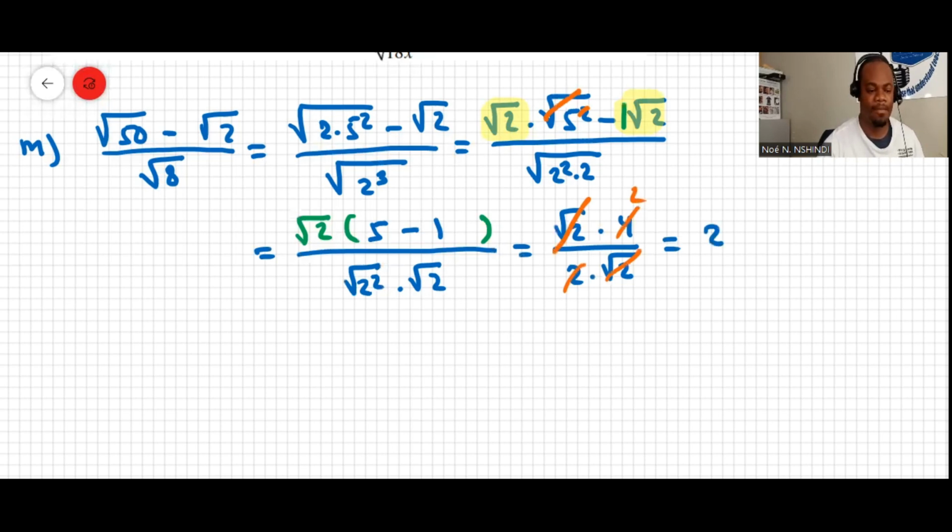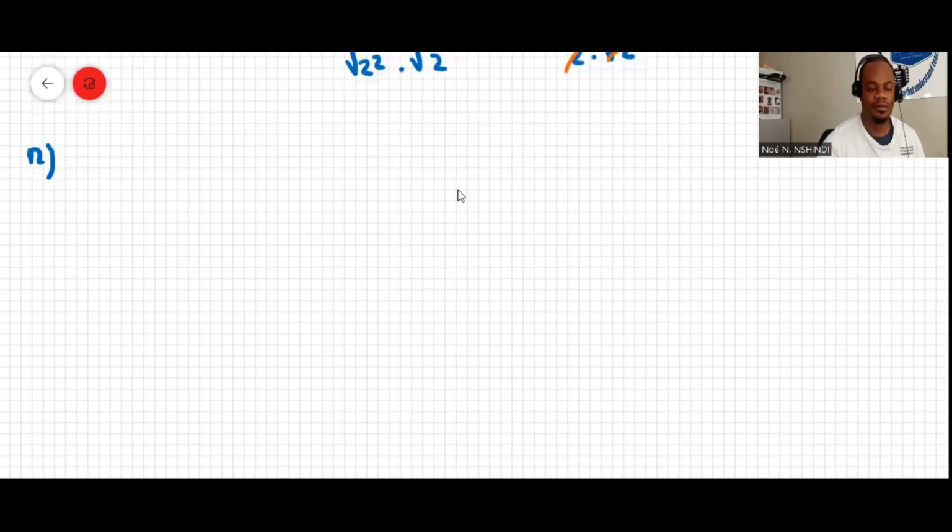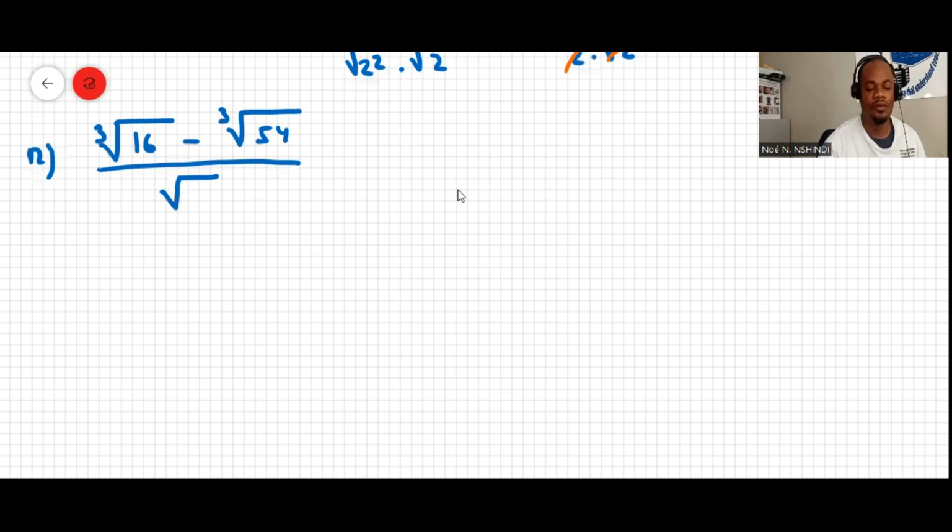Okay, and then we can also do n. N is the cube root of 16 minus the cube root of 54, all over the cube root of 3.